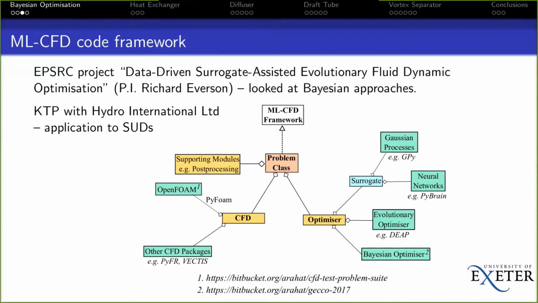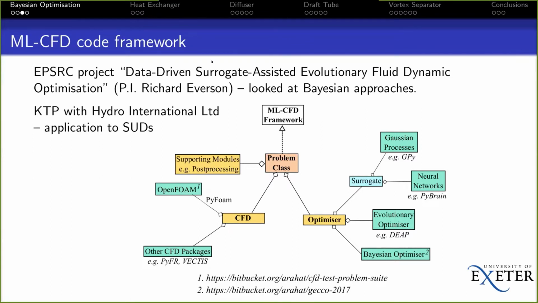And we developed, or rather the postdocs involved, Alma Rahat and Stephen Daniels, developed a complete framework in Python, which implements various aspects of Bayesian optimization on the computer science side, but also links to CFD packages to do the evaluation, and particularly OpenFOAM, both because I was on the grant and also because PyFOAM represents an excellent interface between CFD runs and the rest of the package.